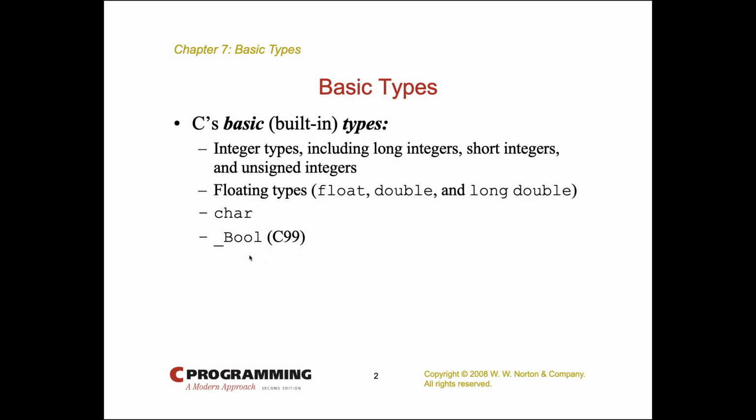Actually, the bool type is included in the C99 version. Previous versions have no boolean.